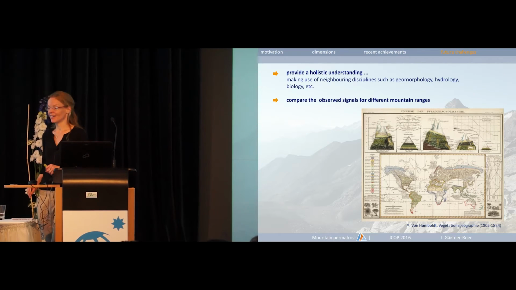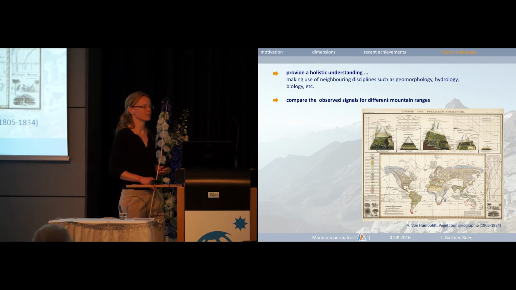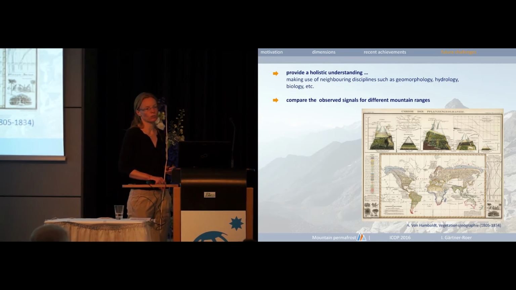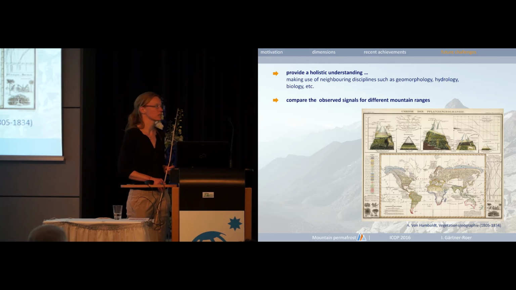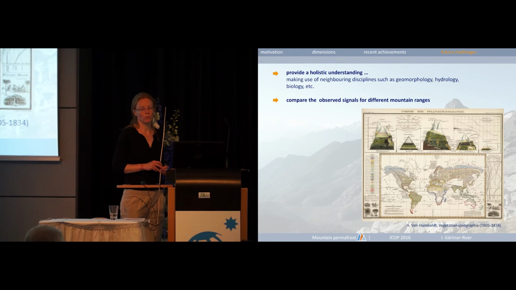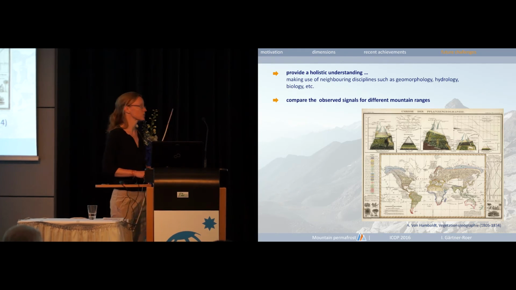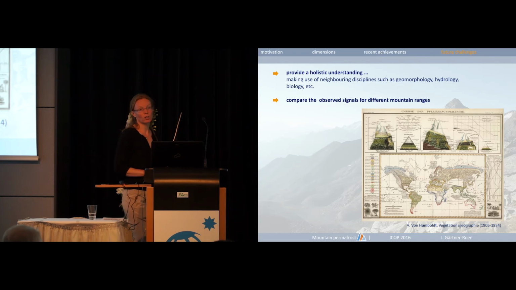And finally, I think we should open more for a more holistic understanding, making use also of the neighboring disciplines such as hydrology, glaciology. We also heard talks on mountain permafrost and glacier interactions, and also the biology. We saw several talks about that.